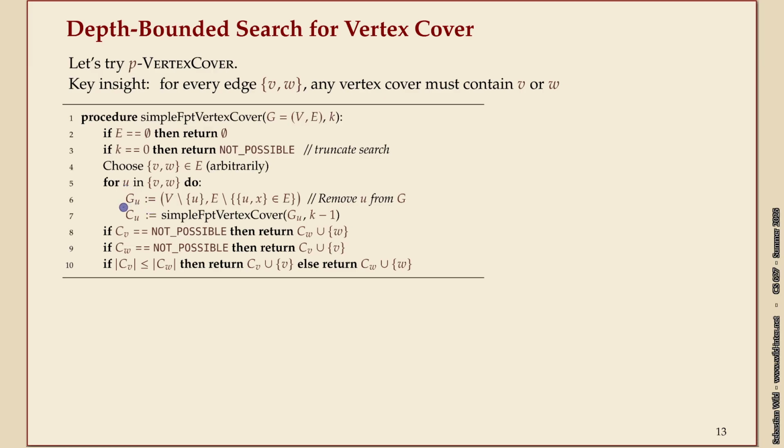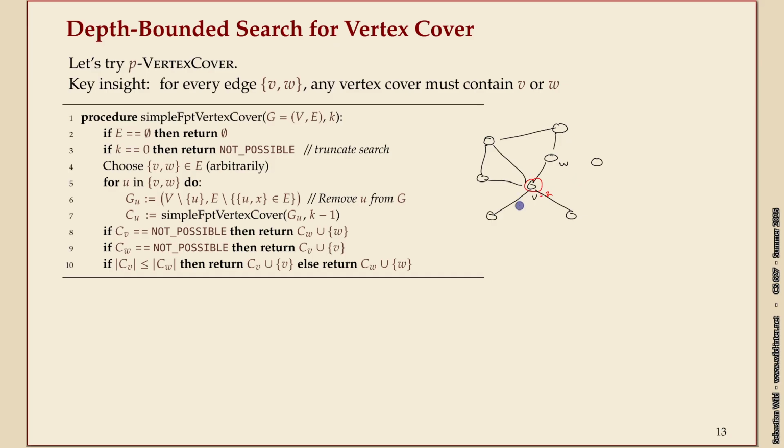And for each of those, I construct the graph where I remove this vertex and all its incident edges. So you have some graph, looking arbitrary. And then there's these two vertices, V and W, connected by this edge. And now suppose I'm using U here. So I get rid of this, and maybe this is connected to many other vertices.